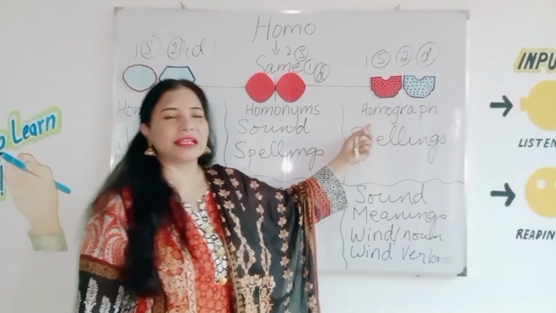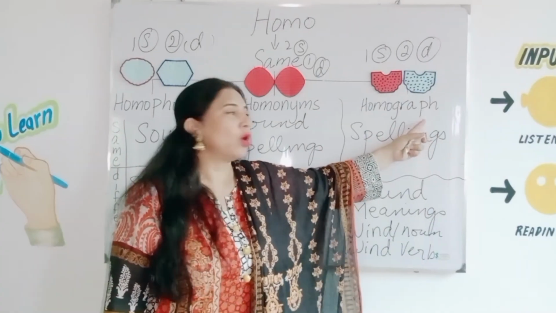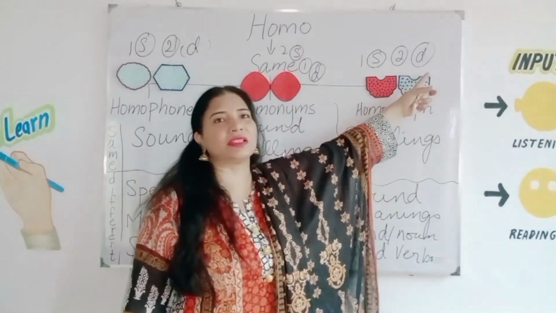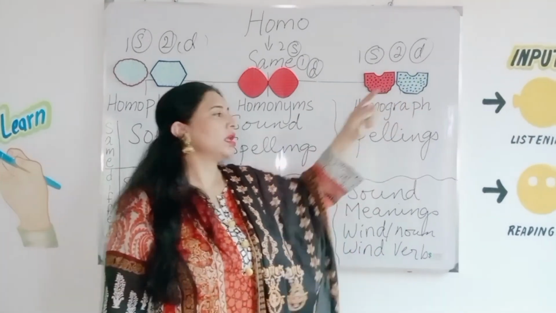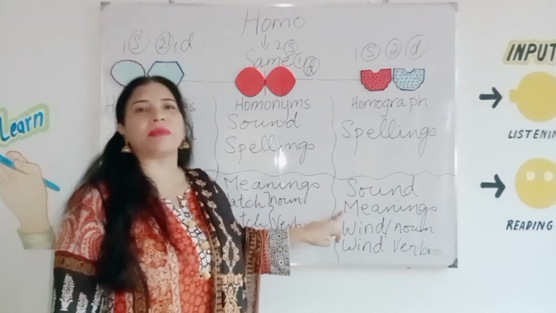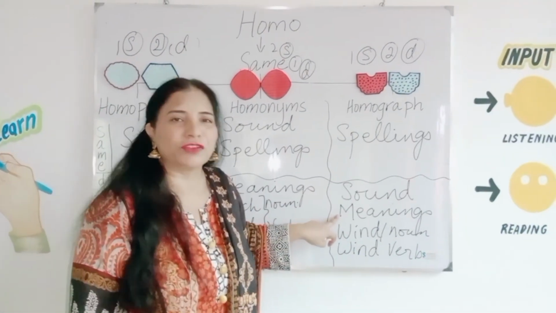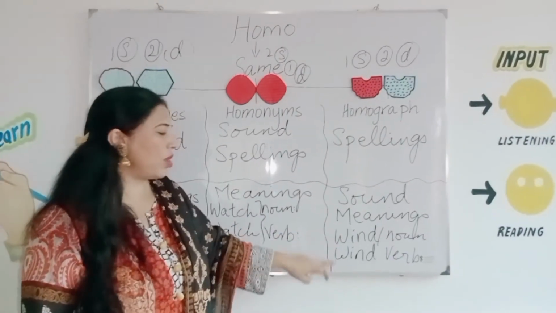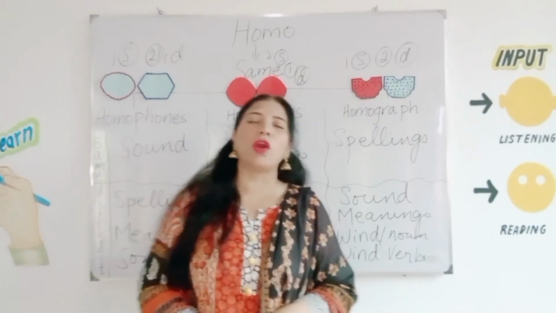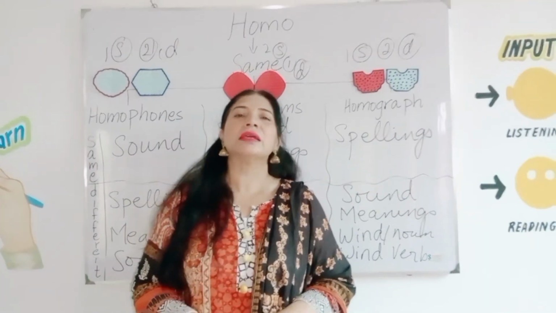Third category is called homograph. Homograph have one similarity and two differences, like these shapes. They are same in their spellings, but their sound and their meanings are different from each other, like wind and wind. So dear listeners, I hope I am clear in my today's grammar lesson.